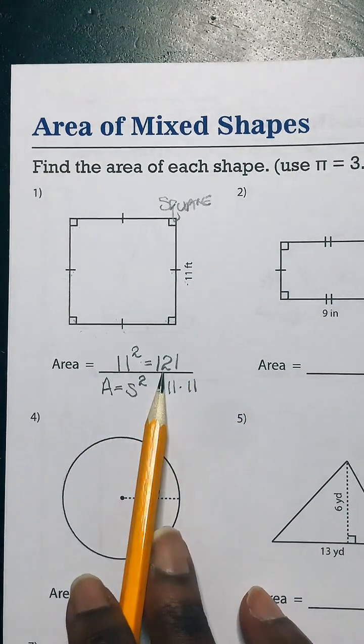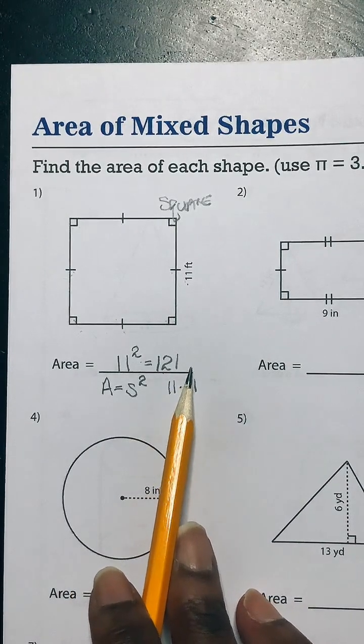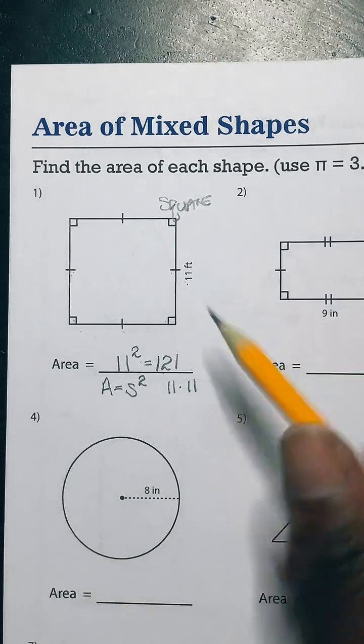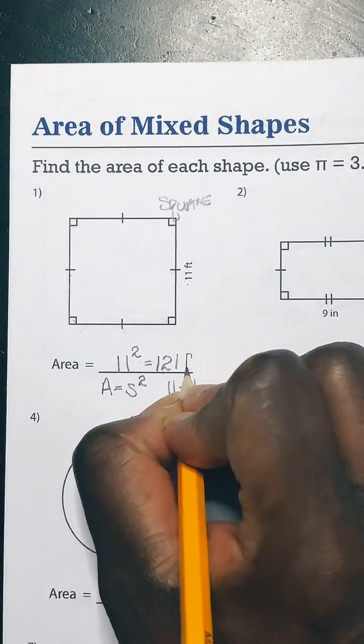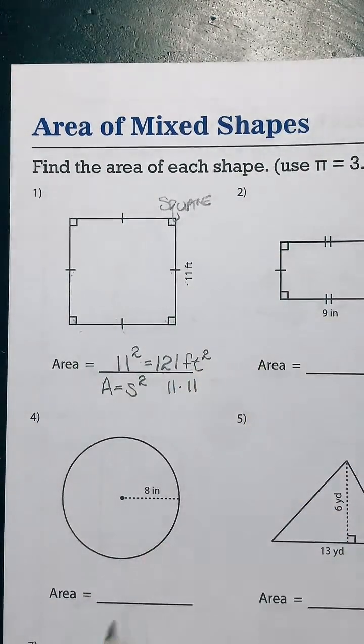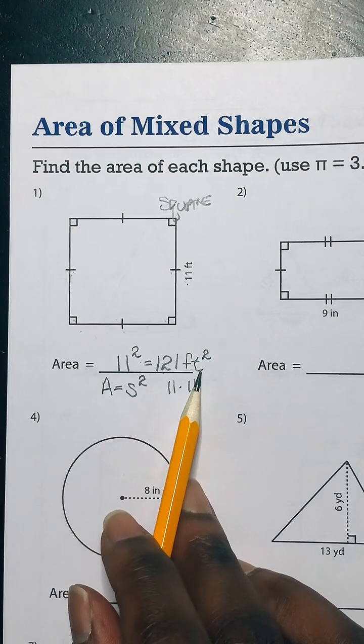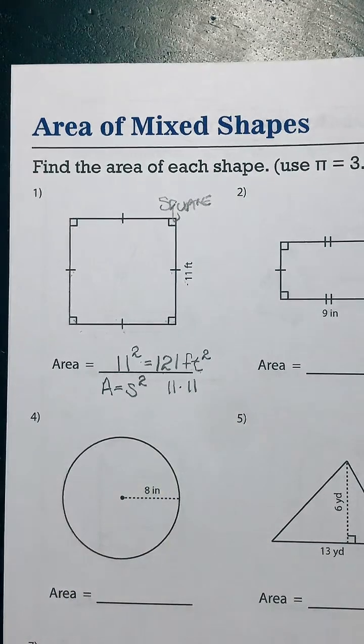You never just want to leave your answer as just a number. You always have to have the measurement. Since we're looking at feet and we're dealing with area, it's going to be square feet. So 121 square feet, okay?